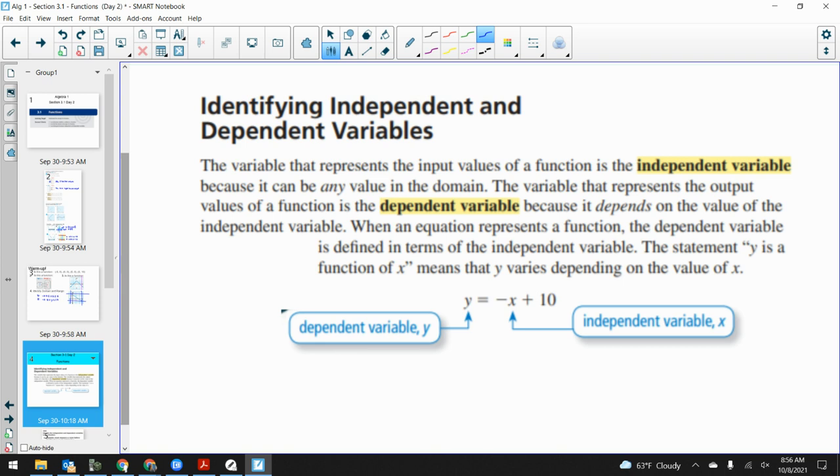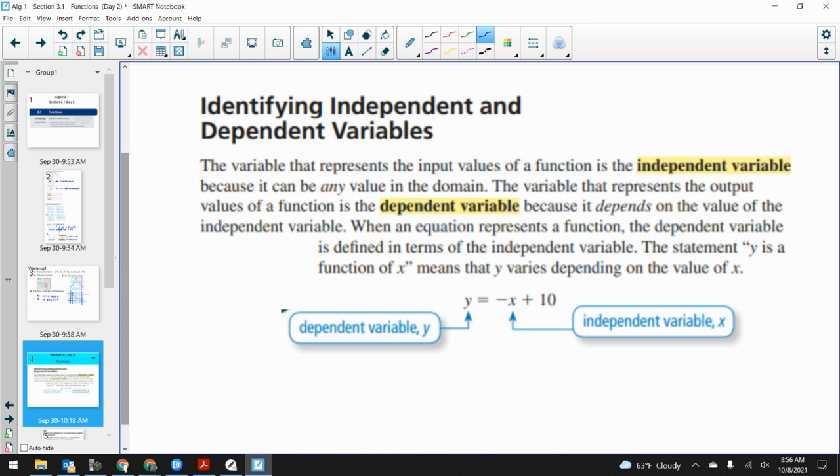So what we're going to be looking at today is identifying what is my independent and what is my dependent variable based on a scenario. Because independent variable should be your x value, dependent variable should be your y value. Hopefully, in the end, we should be able to create an equation out of it to model something that's happening.